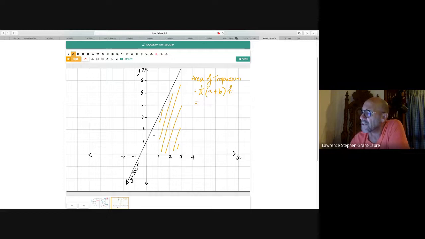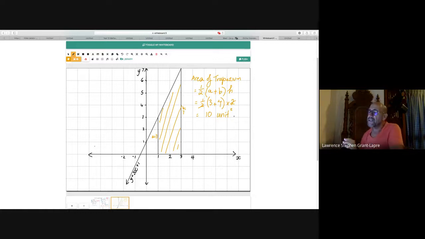So a is 3, half. This parallel side is 7, so b is 7. And the width between them is 2. So we've got an area of 10 square units.